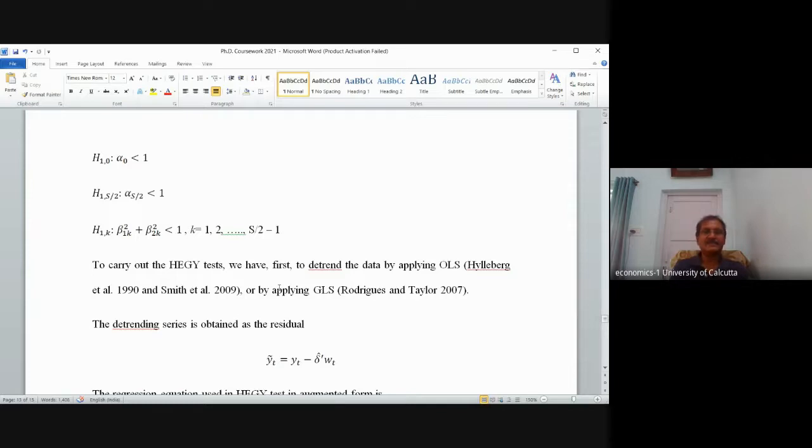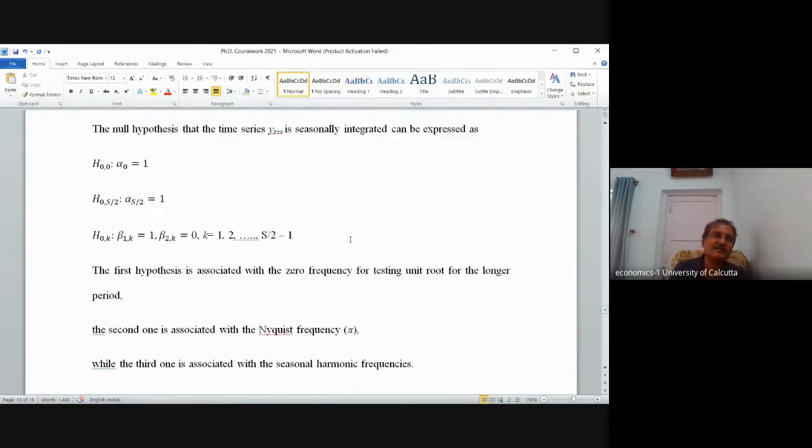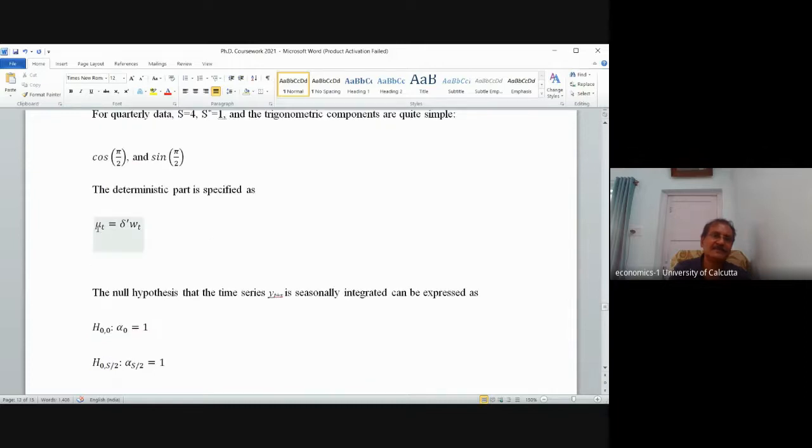Now to carry out this test, at first, you have to detrend the series. How to detrend? You need to estimate the deterministic part first by applying OLS or by applying GLS. This part.